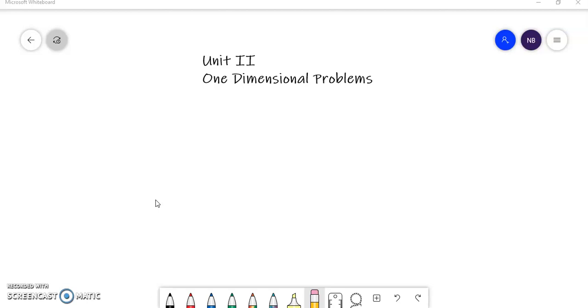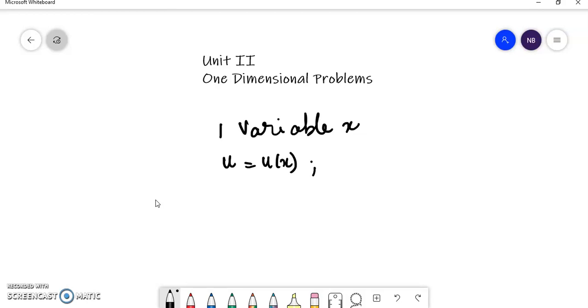Okay, so we know that for one-dimensional problem, the stress, strain, displacement, loading, everything depends only on one variable, x. So the vector u, that is the displacement, is given in terms of u of x.